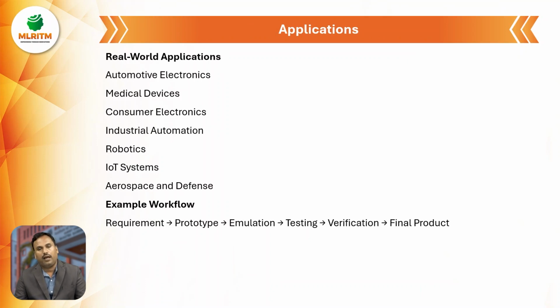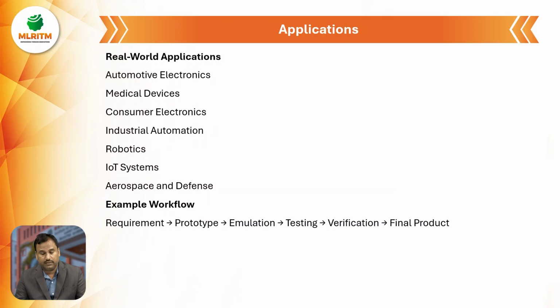So there are several applications of these prototyping and emulation techniques. There are real world applications. Automotive electronics is one of them. For example, if you take a washing machine, that is automotive electronics, and medical devices.